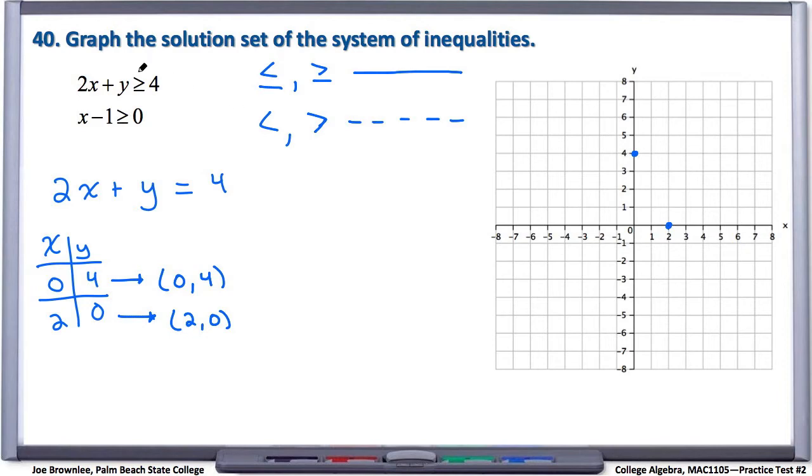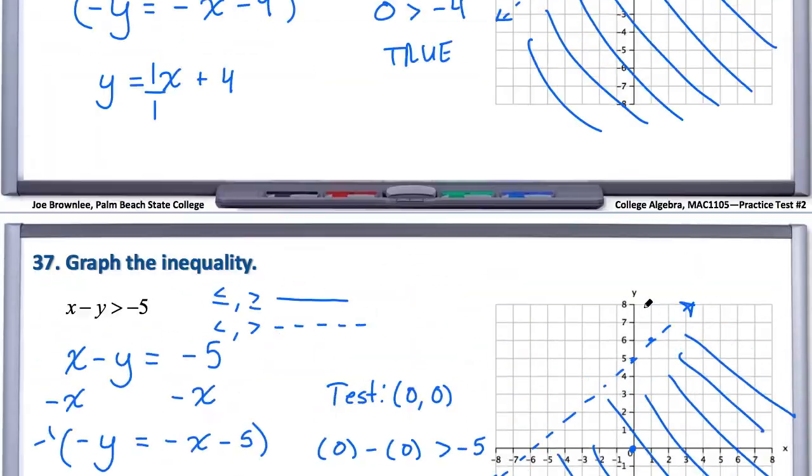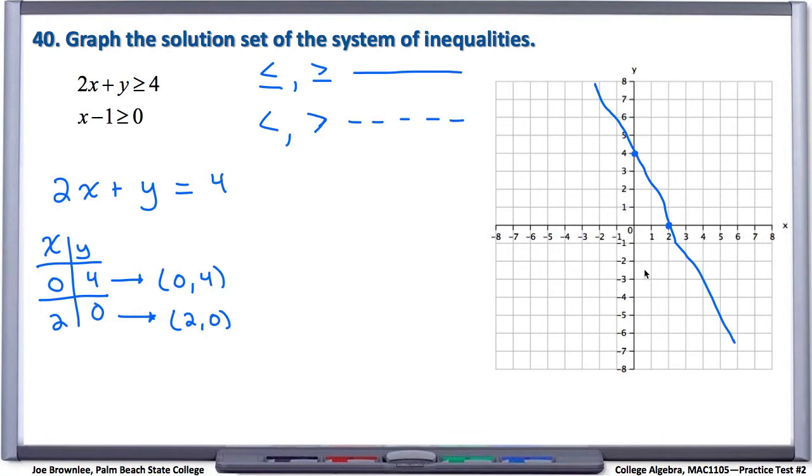All right, in this case, our inequality is greater than or equal to, so when we connect our 2 points here, we will use a solid line. Oops, oh no, where'd it go? There it is. All right, and of course, that is not a very good line at all, is it? And it's somewhat difficult to do a line freehand. All right, so there we go.